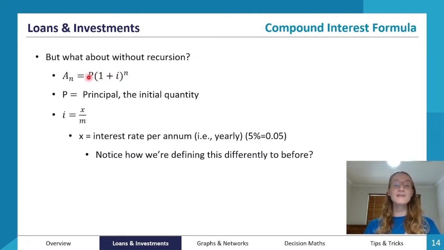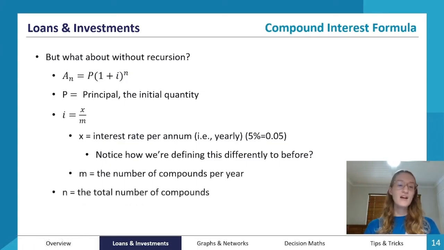So yes, P, principal, our initial value, 1 plus the decimal rate of interest divided by the number of compound periods per year, to the power of N, which is the total number of compounds. So say, for example, we had a loan or investment that was compounding monthly, so 12 times per year over a 3-year time period.